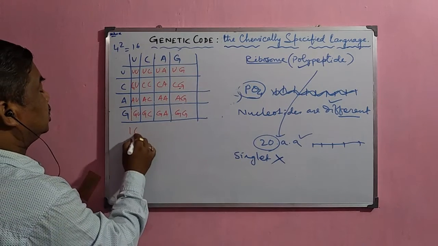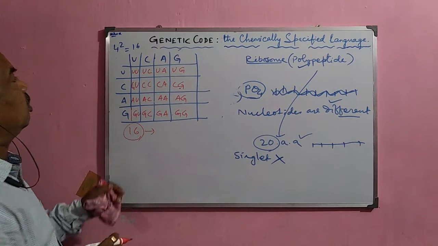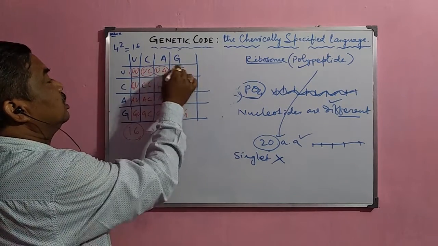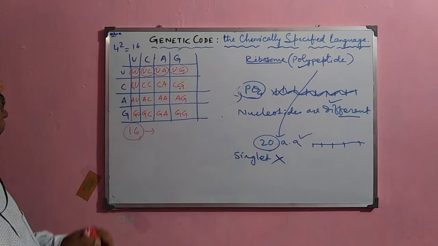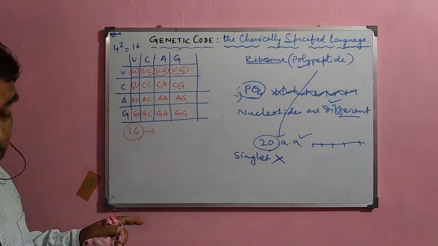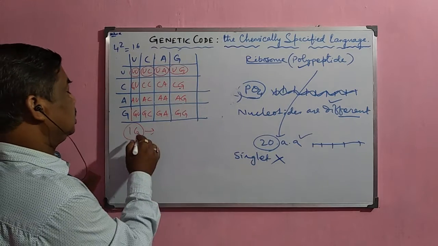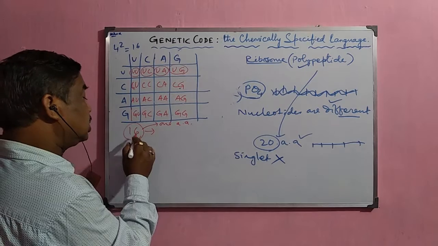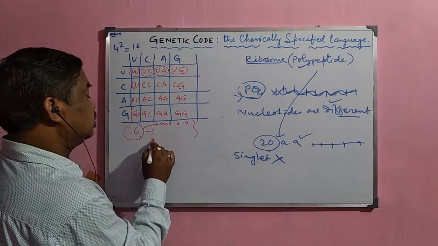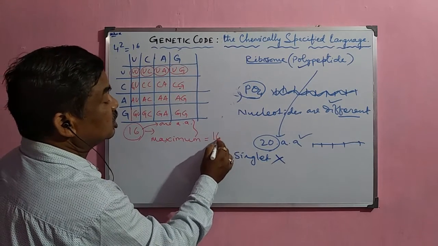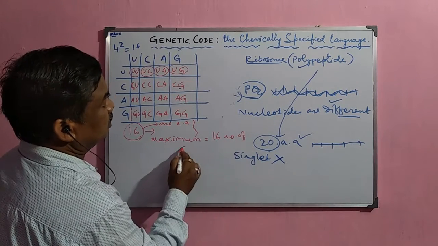So 16 types of combinations will be formed if the codes are doublet in nature. Because we have only 4 nitrogenous bases, they will form a maximum of 16 combinations, and if each codes one amino acid, they will code a maximum of 16 amino acids.